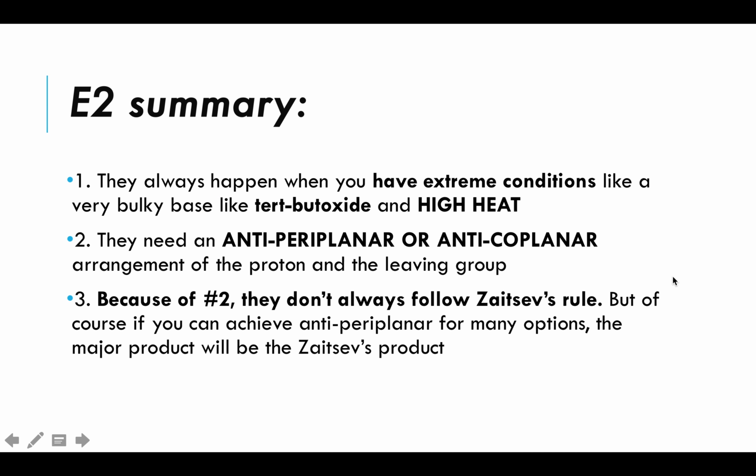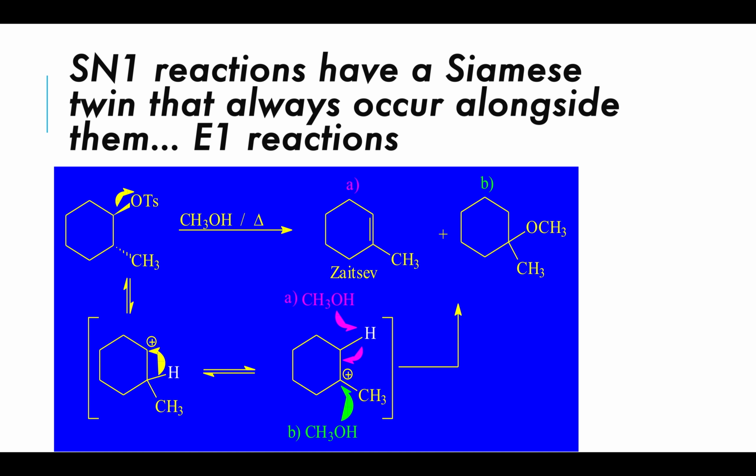Now, E2 is sort of a separate beast from SN2s or SN1s. But the SN1 reaction actually has a twin, a Siamese twin, not an evil twin anymore, but a Siamese twin that always occurs alongside it.